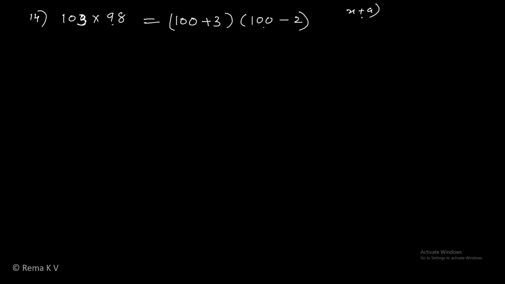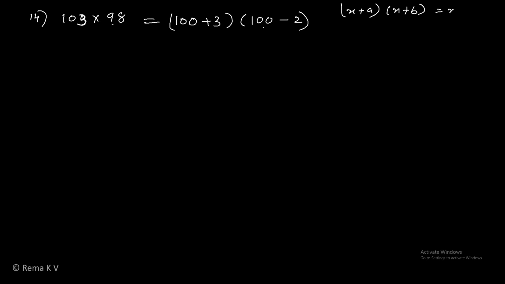Now the next one is 103 into 98. This can be written as 100 plus 3 into 100 minus 2. 98 is 100 minus 2. Again the fourth identity, x plus a into x plus b.